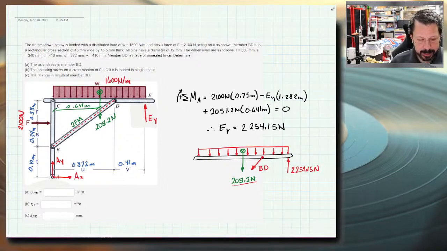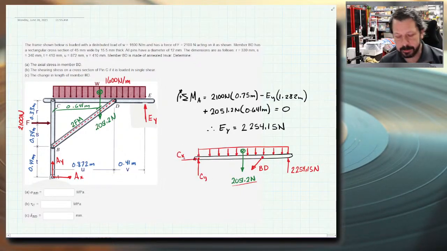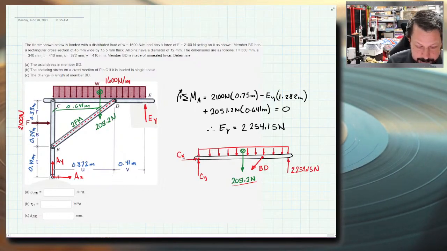At C, I have member ABC pinned to CDE, and so I know that there are reactions there. I don't know their values, but CY and CX. So I know that there are some pin reactions that are holding member CDE to member ABC. Let's put our letters on here. So this is C, this is D, and there's E.